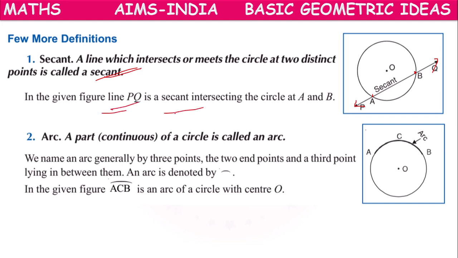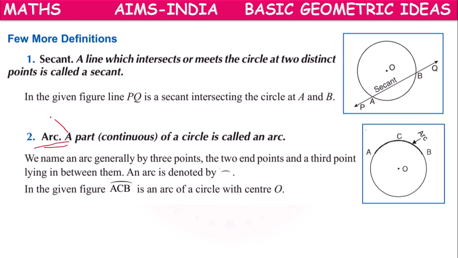PQ is a secant intersecting the circle at A and B. Only the AB part is called a chord. Joining any two points on the circle is called a chord. Any line intersecting the circle at two distinct points is called a secant. So a chord will be within the circle, but a secant will be extended on either side.